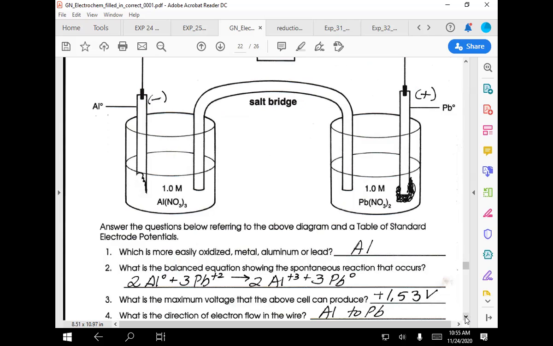So which is more easily oxidized? That would be aluminum. You'd want to do the half reactions first and reverse one of them, and then you could do the balanced equation. But that's the balanced equation. And then again, you'd want to do the half reactions, flip one of them, and then you could add the volts up, and that's how you would get number 3.